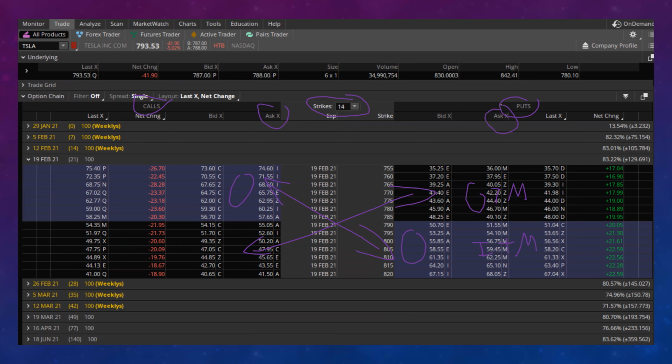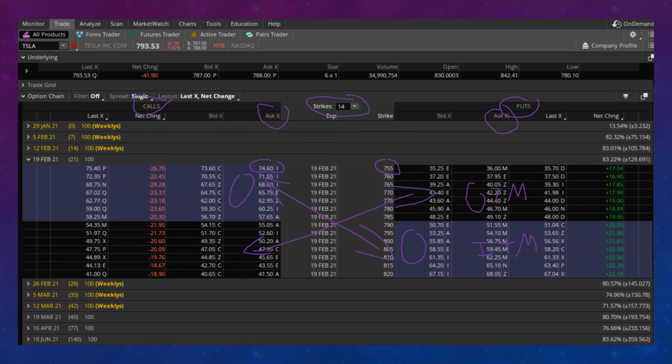You can pay attention to the bid ones, but I usually only pay attention to them when I'm actually exiting the options themselves and not so much when I'm entering. So it's important to know that distinction. And this is really important as well. If you want to know how far you need to go into the money, I'll have another slide for this later. But basically what you can do is use the strike price, for example, 755 here. And if we're buying, so calls and the ask price, it's the one that I stick to the most.